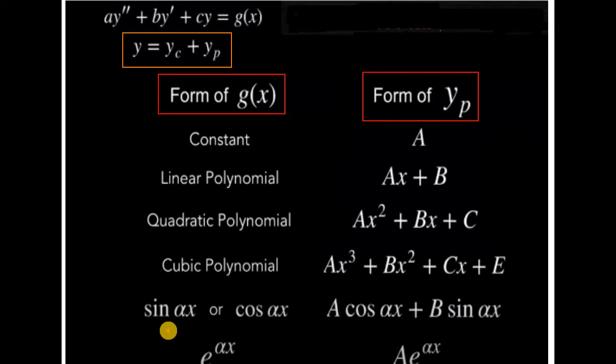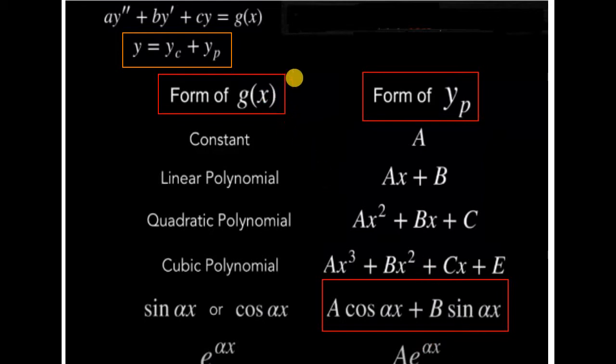If we have either sine or cos in our forcing function, then we must use this expression as our trial solution. If we have the forcing function e raised to the power ax, this is the exponential form, then we will take its generalized form a e power ax, and it will be our trial solution.